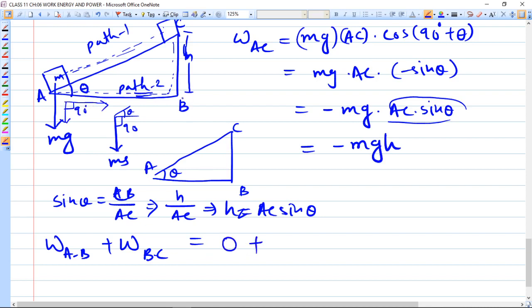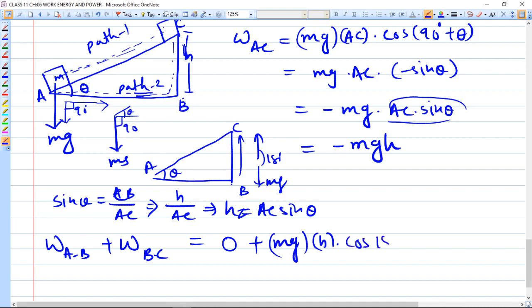And then when you are going from B to C, at that time how much force is acting? mg. It does not change. So force is mg, and how much is the displacement? Displacement is equal to h. And displacement is in this direction, so what is the angle between them? 180.